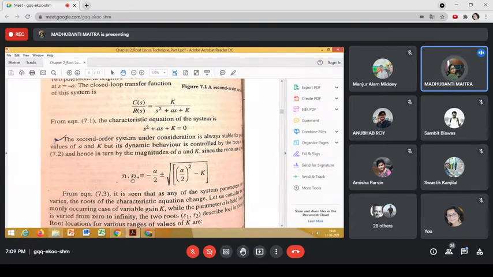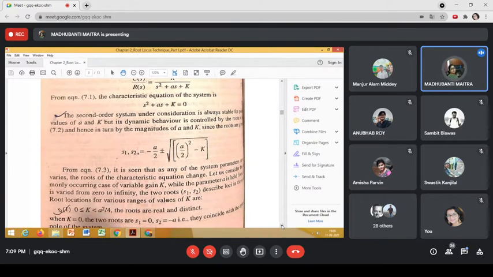So the two roots s1 and s2 will be equal to minus a by 2 plus minus root over (a by 2) whole square minus K. Please check whether this expression is correct or not.